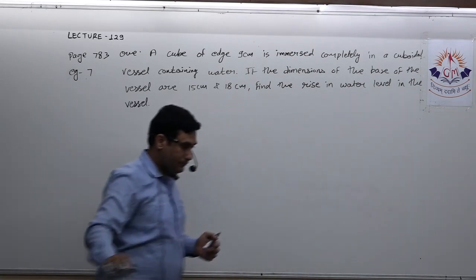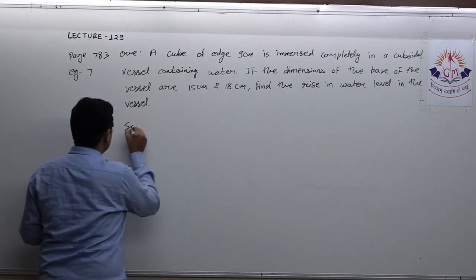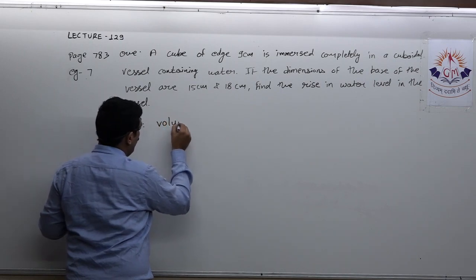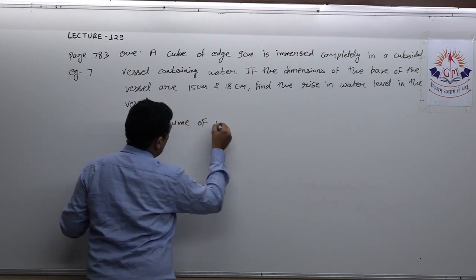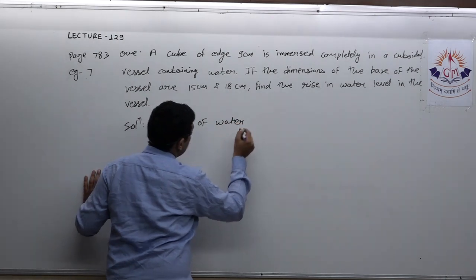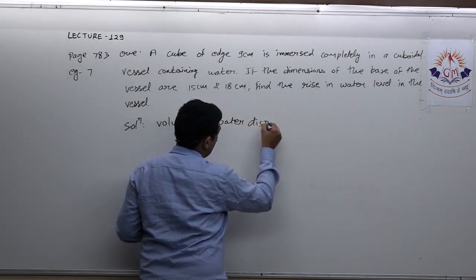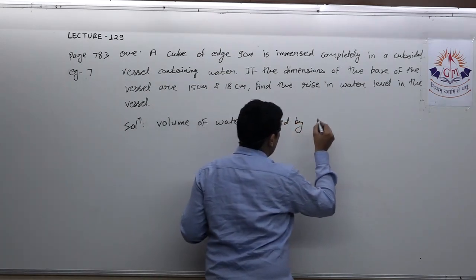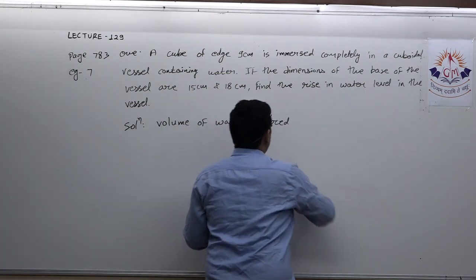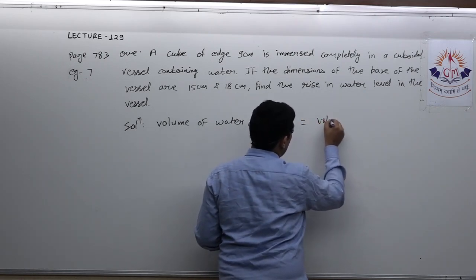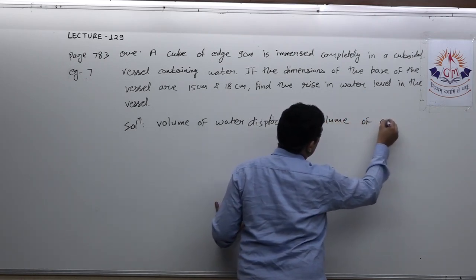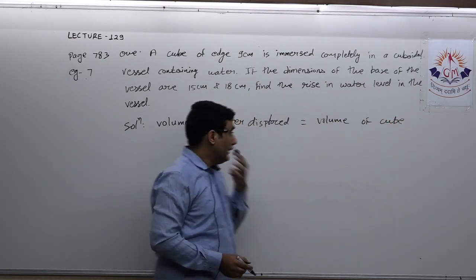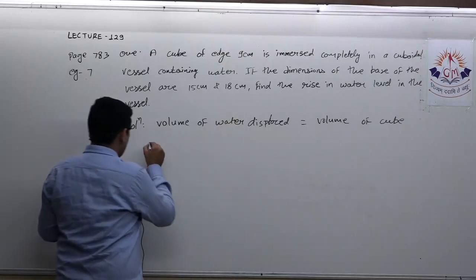So first of all here I can write, volume of water displaced is equal to volume of cube. Whatever is the volume of the cube, that much water in the cuboid will be displaced.